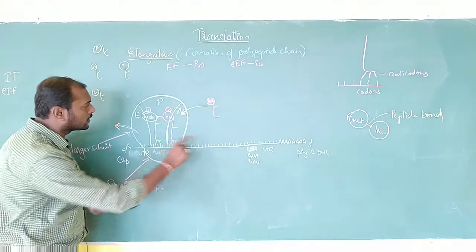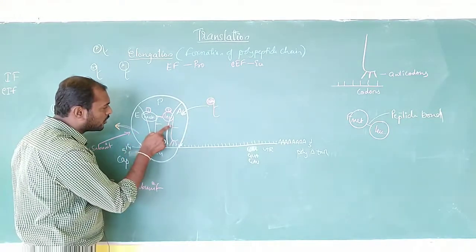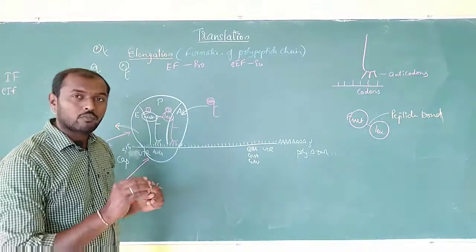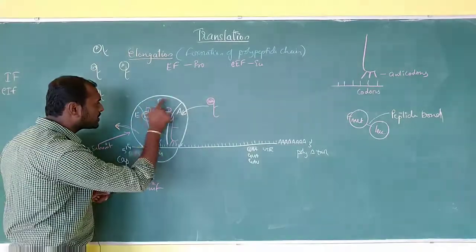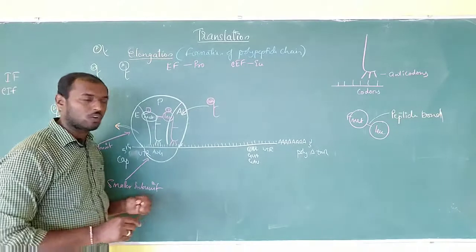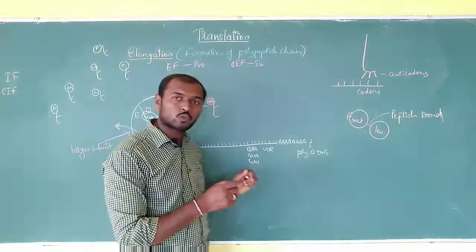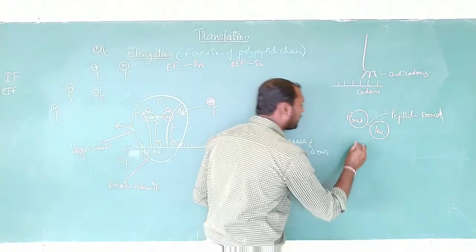So the first amino acid is going to react with the second amino acid to form the peptide bond. For this there is an enzyme associated with this particular P site.